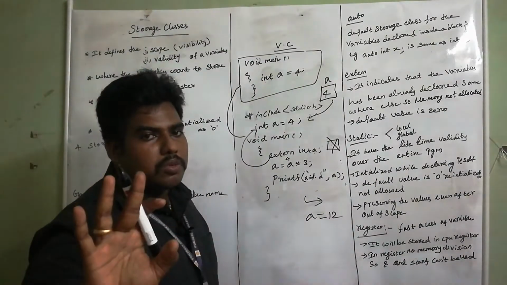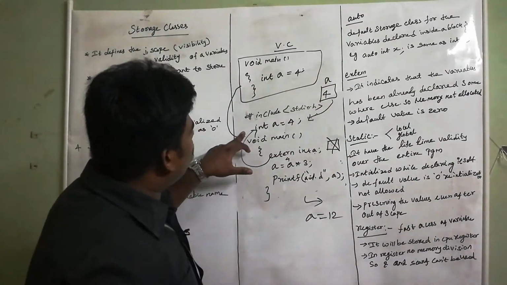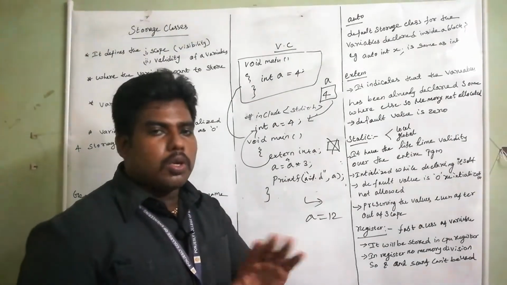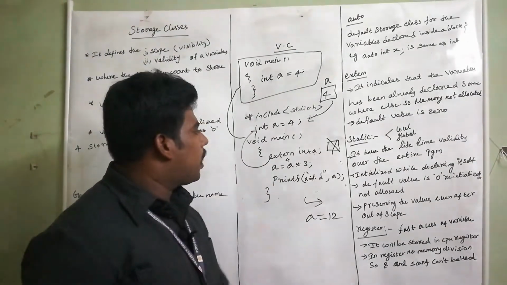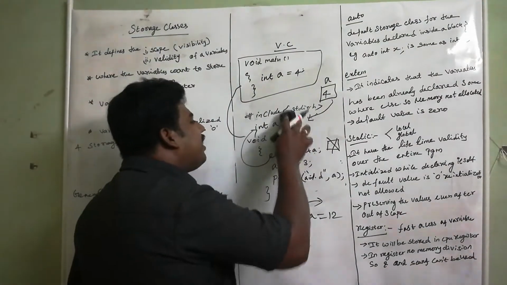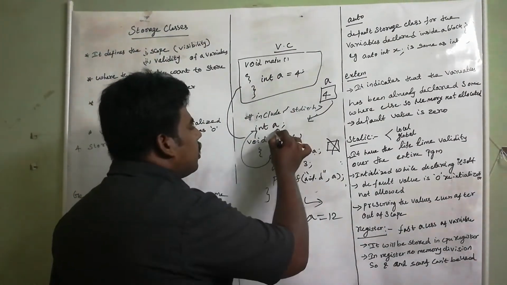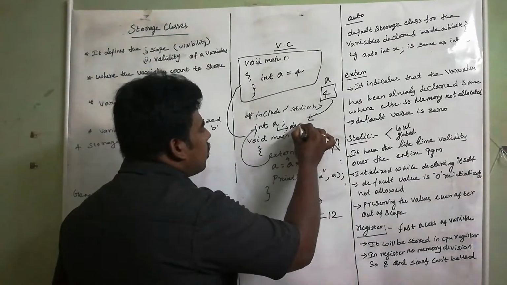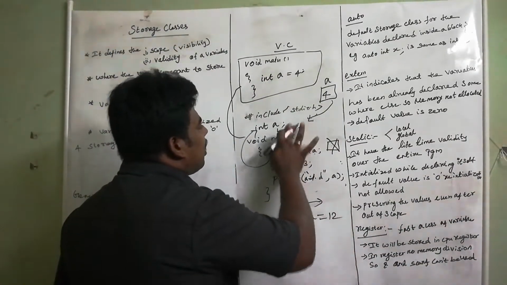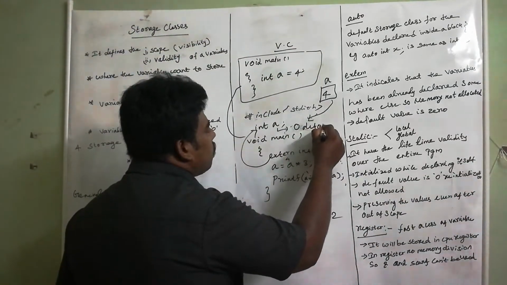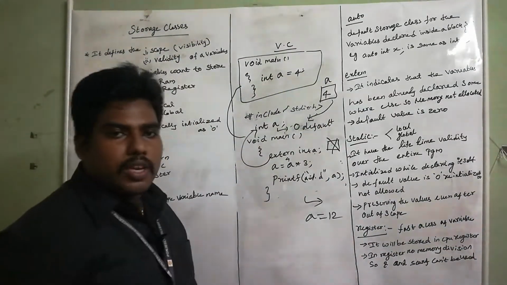All of you understood? Clear? You can use it globally or somewhere in your program also. Both are accepted. Extern means global. If you have not declared any value, the default value is 0. 0 is the default value for extern. All of you understood? Got it?